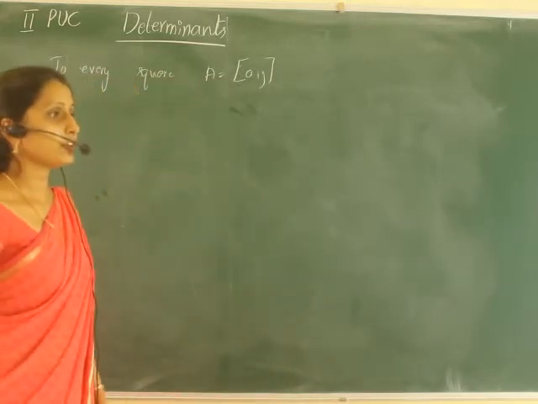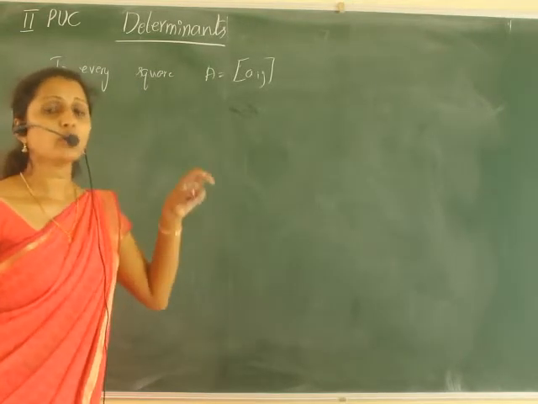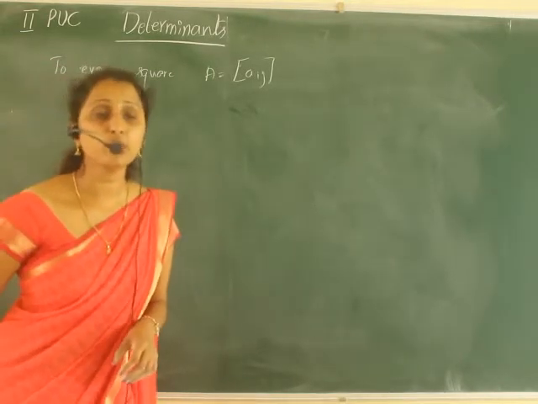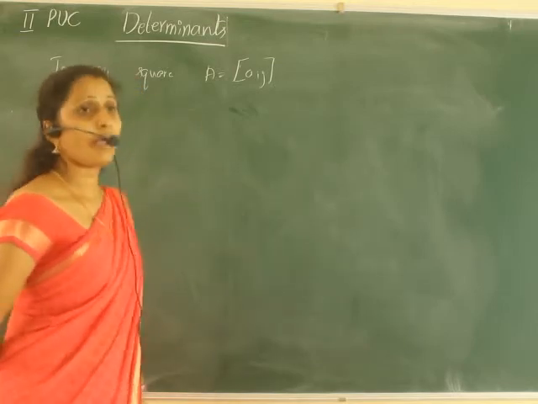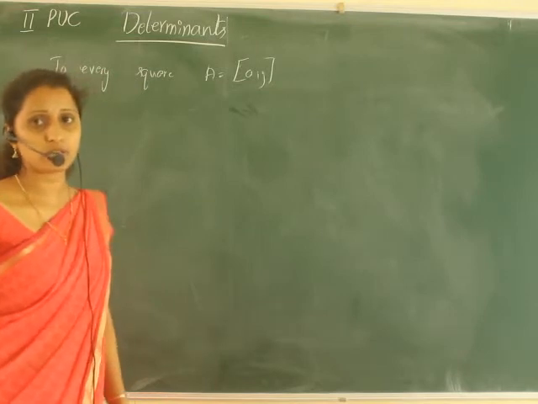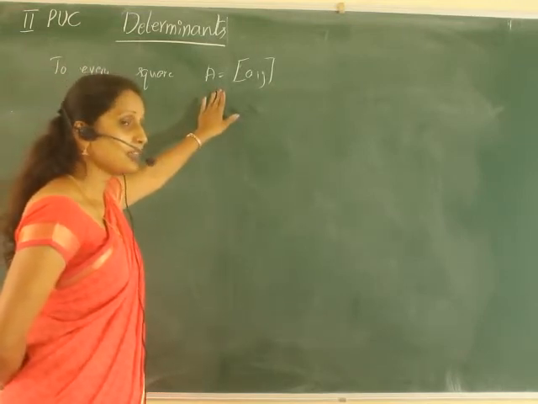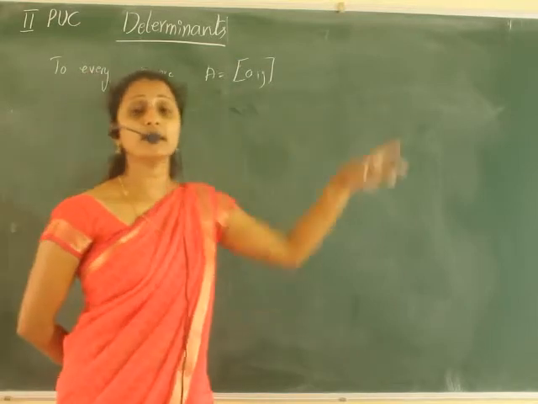One more definition I have told: a determinant is a real or complex value assigned to each square matrix. So I can define this as a function also. If a matrix is changing, it takes a real value.